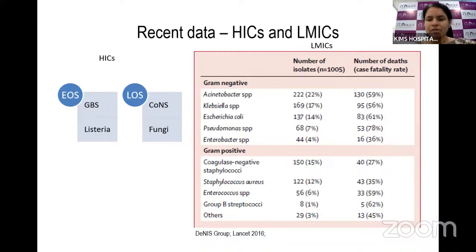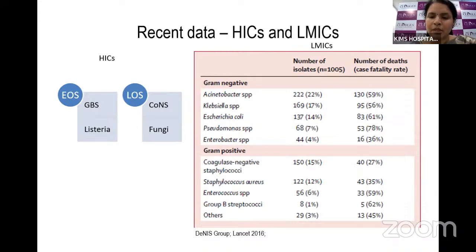And when we looked at case fatality rates, which is the proportion of newborns with these bacterial isolates in blood dying because of the infection, a surprisingly high case fatality rate of close to 80% was found with Pseudomonas. So Pseudomonas was one deadly bug to grow in blood culture isolates.